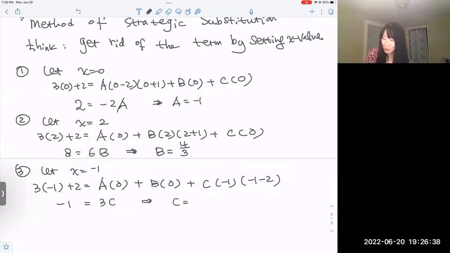So C equals -1/3, right? Good job. A lot of hard work going on.